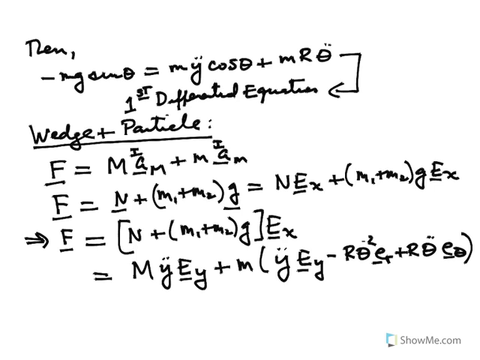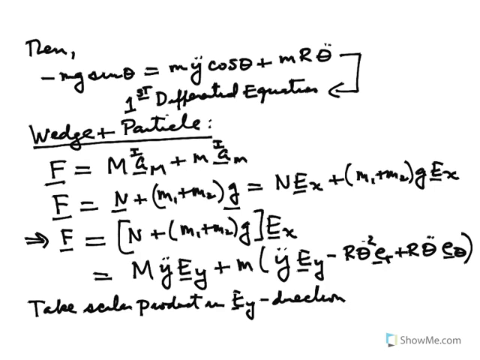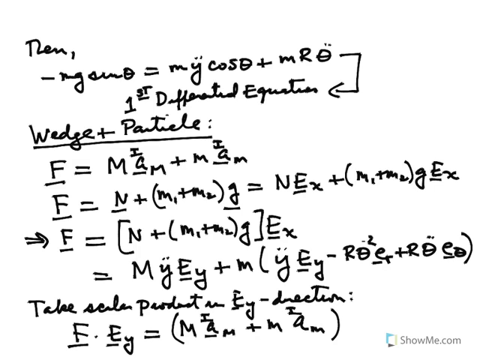So now you can see that because N is in the direction of e_x, we should take the scalar product in the e_y direction. So what that means is we take F dotted with e_y is equal to the mass of the wedge times its acceleration plus little m times the acceleration of the particle dotted with e_y.